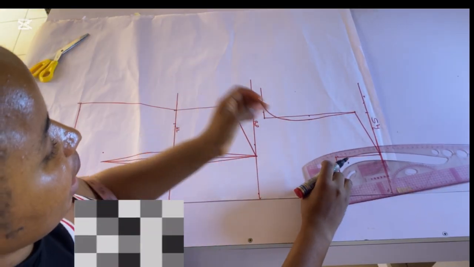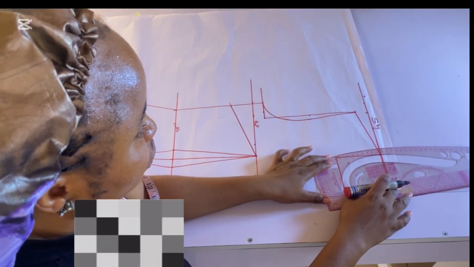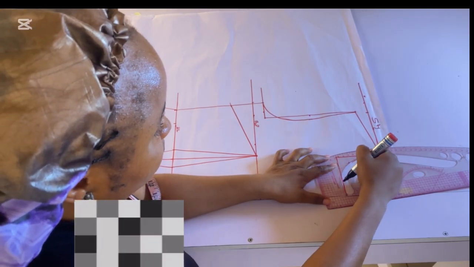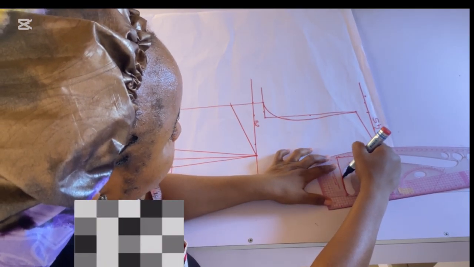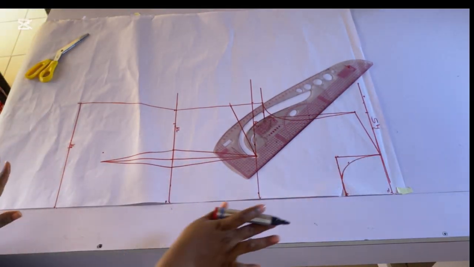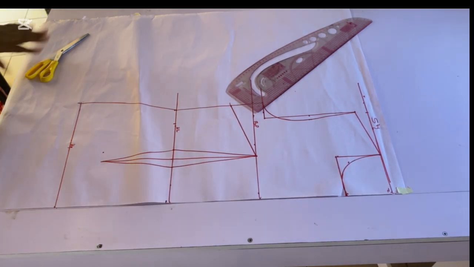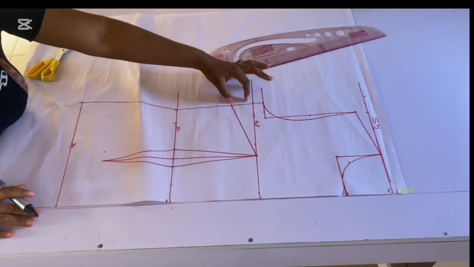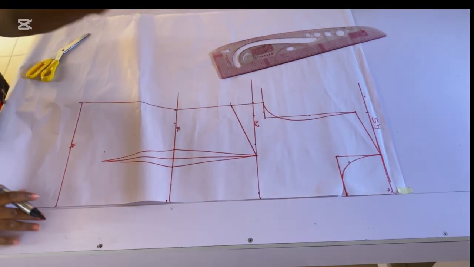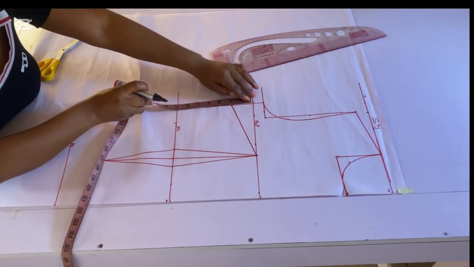So from the side of this shape, I will come in by 1 inch, and I'll connect from my neck width to meet the 1 inch that I came in by, and from the 1 inch I'll connect it to meet the neck depth like so, okay, as you can see me placing my ruler. So this will give you a perfect round neckline, okay, as you can see right here. So you can go ahead to do 3 inches by 3 inches for your neck depth and neck width, okay, and that's so fine.